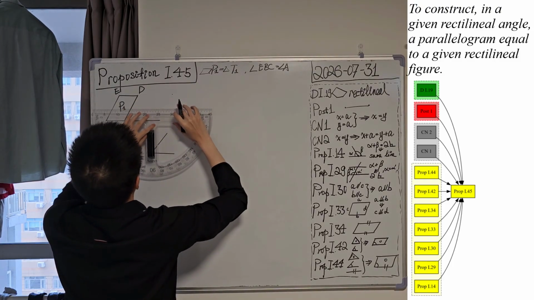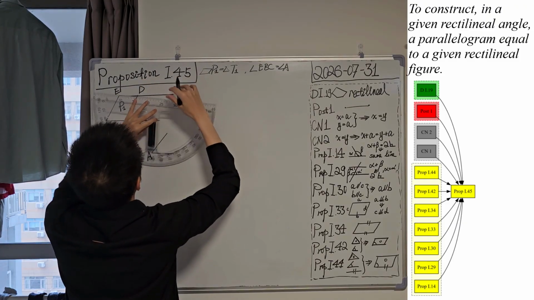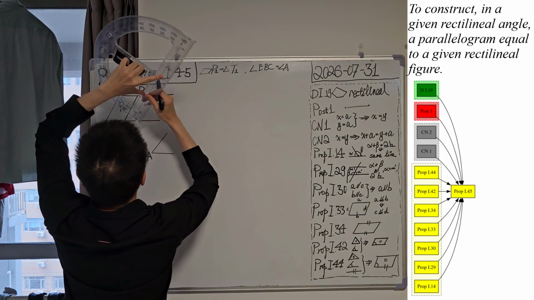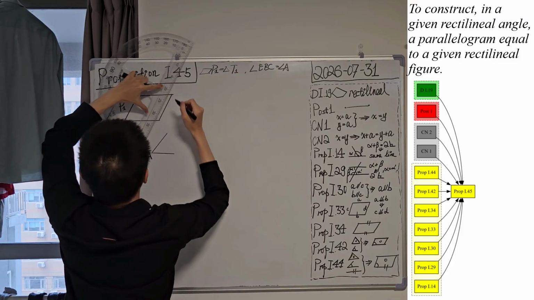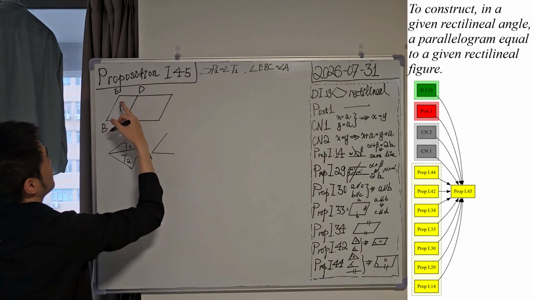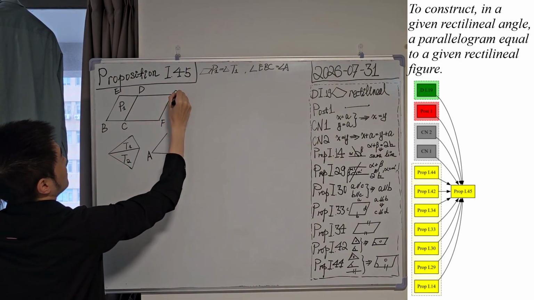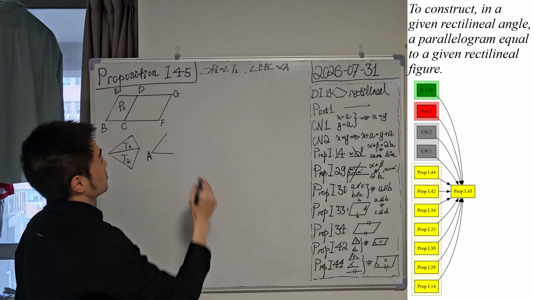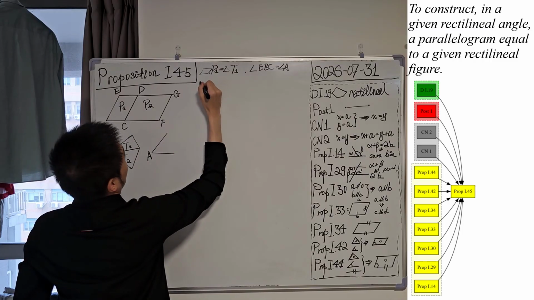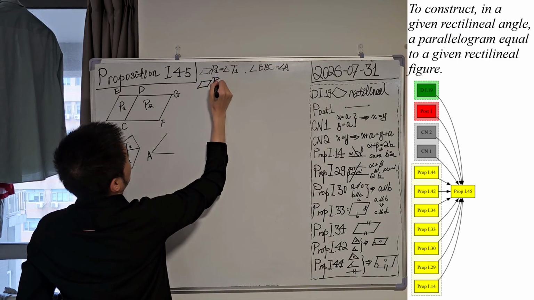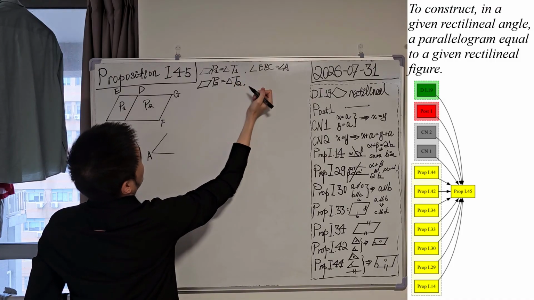Let's construct it. Let's say it is C, D, F, G, and for convenience, let's call it P2. So we have parallelogram P2 equal to triangle T2.